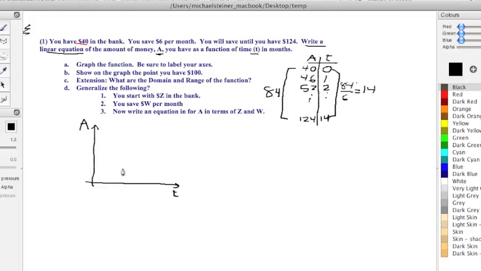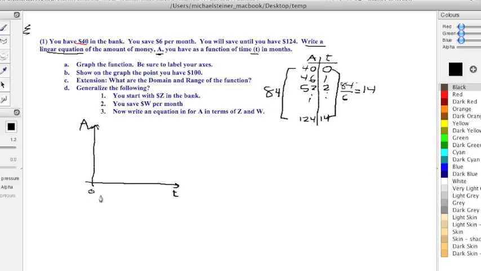But mostly we want to see the amount of money rising over time. We will ask at what time the amount equals something, but otherwise usually this is the best way to look at it. Okay, so graph the function.